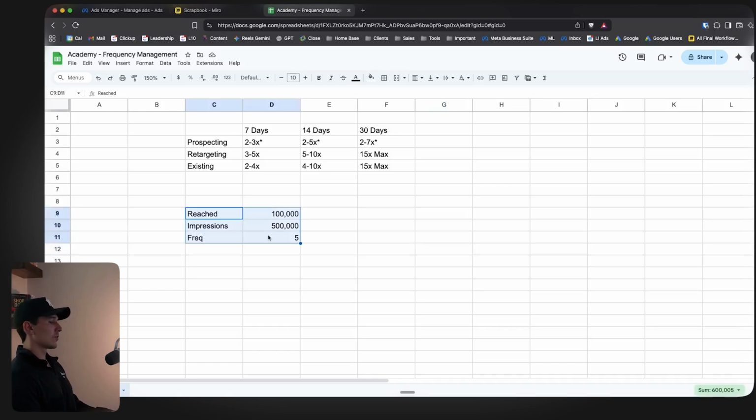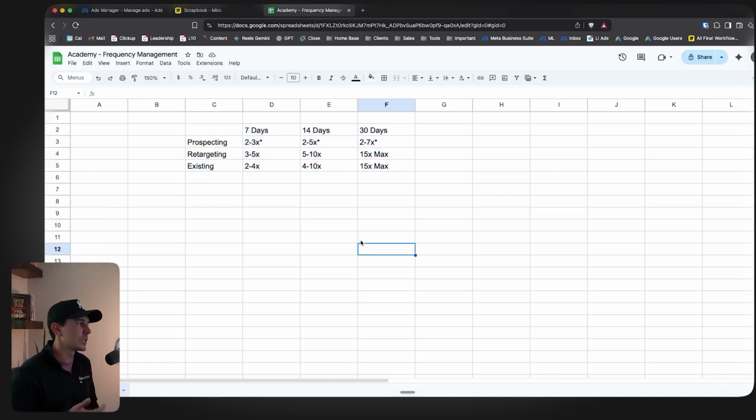So what I've created here are general rules of thumb for how to manage your frequency. The reason you need to be managing your frequency is because you don't want to overwhelm people with your ads. What happens a lot is people get someone that visits their site, purchases from them, something along those lines, anywhere in the customer journey, and then all of a sudden they start to show that same person ads every single day over a long period of time.